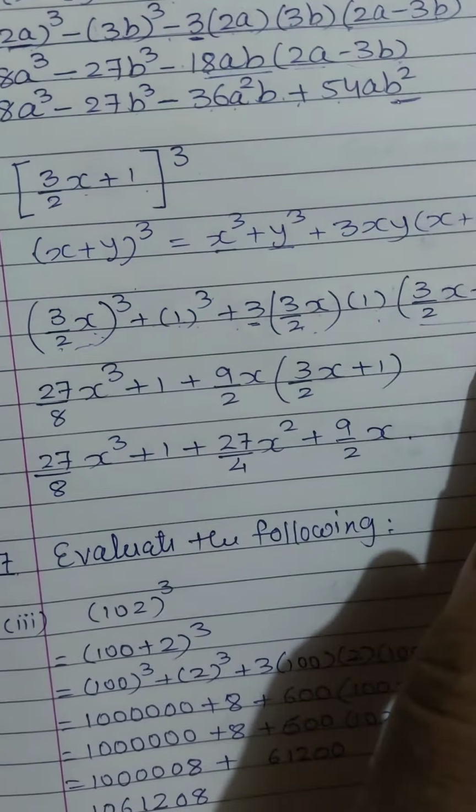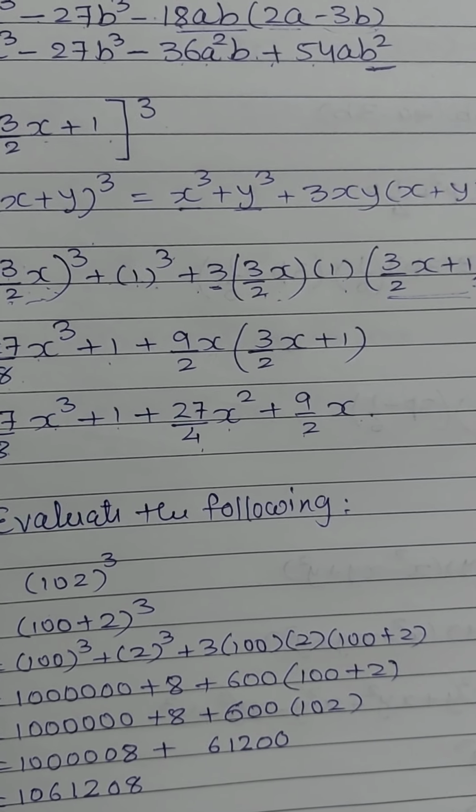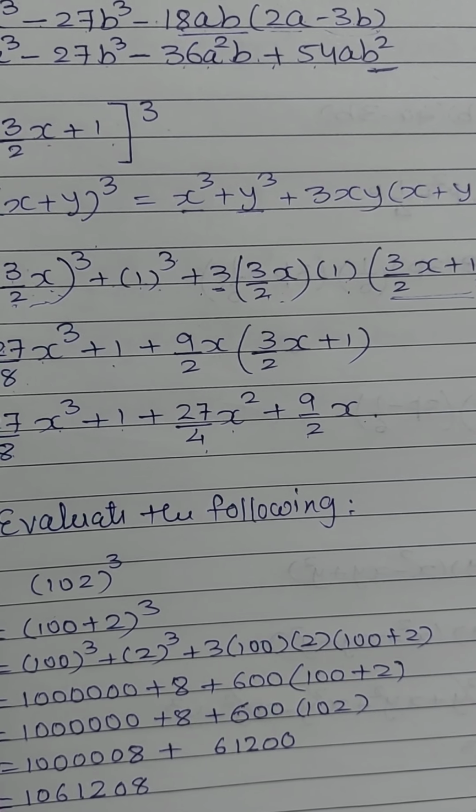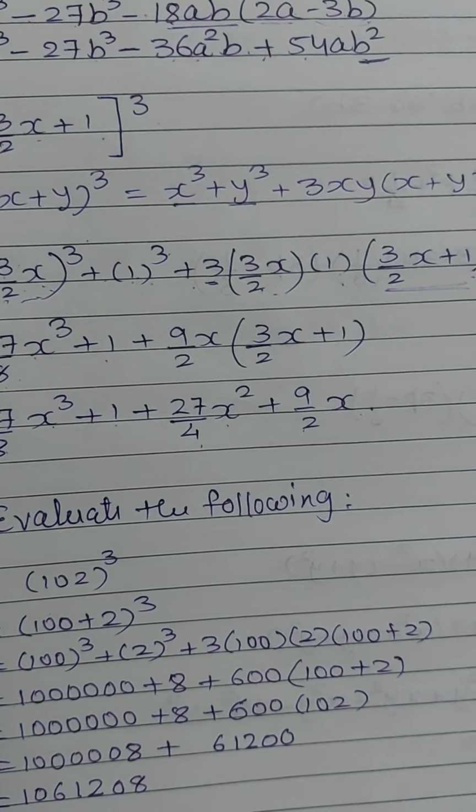Now take the expansion: 27 by 8 x cube plus 1 plus 9 3s are 27, 2 2s are 4, that is 27 by 4 x into x square, plus 9 by 2 into x. So this is the answer, right? You have to remember the identities, place the terms according to the identity and simplify them, so you will get your answer.